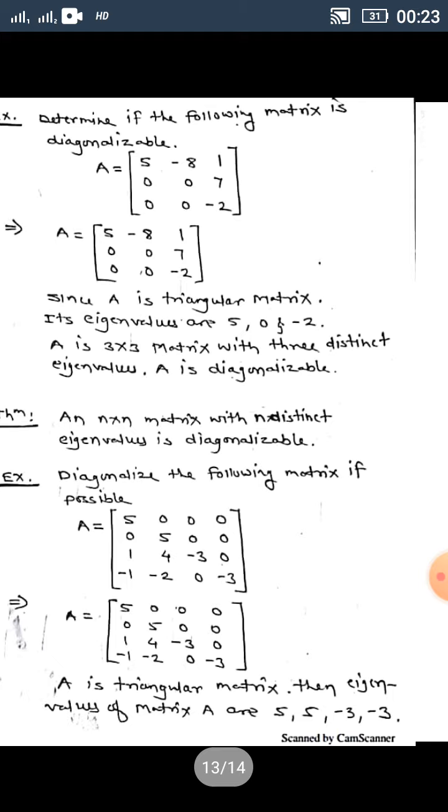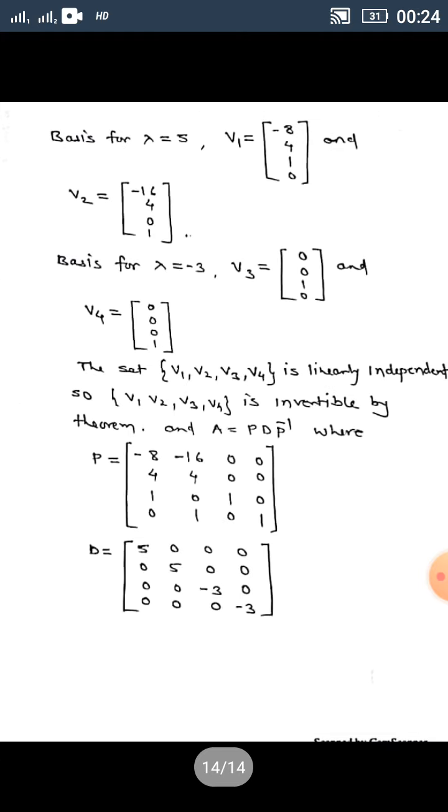For lambda is equal to 5, we get the eigenvector v1 as minus 8 4 1 0 and v2 as minus 16 4 0 1, as two vectors. Okay, and for the basis, for lambda is equal to minus 3, we get v3 and v4 vectors, that is 0 0 1 0 and v4 as 0 0 0 1.